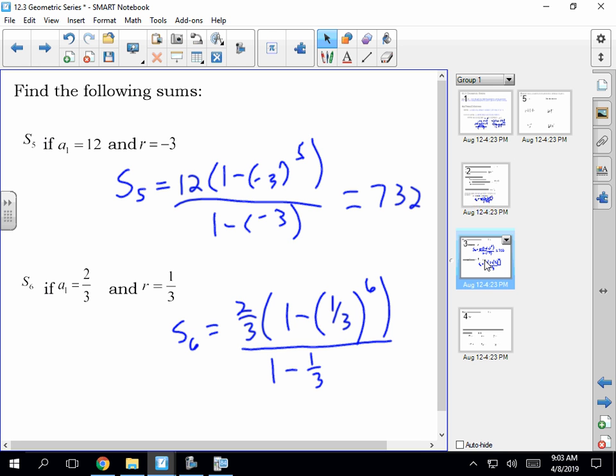Let me know if you get something for the second one. I'm looking at mine. I'm not sure that I didn't forget a term in here. See, 1 minus 1/3 would be 2/3. This 2/3 will cancel. That's convenient. You have 1 minus 1/3 to the 6th.